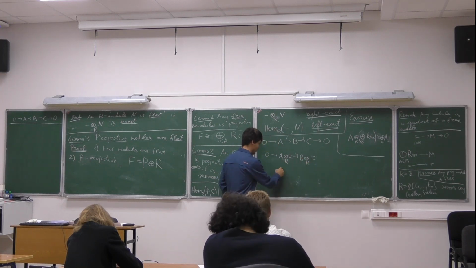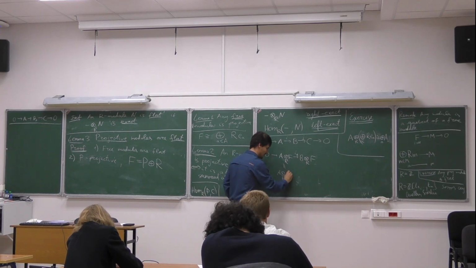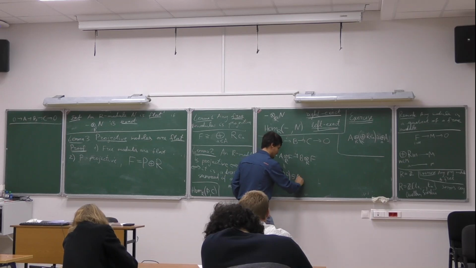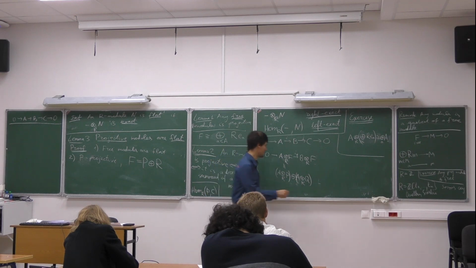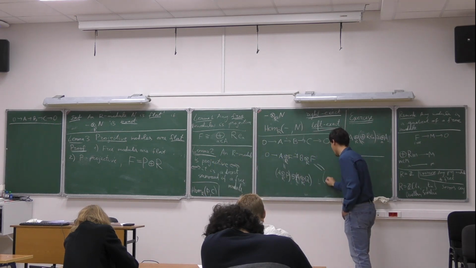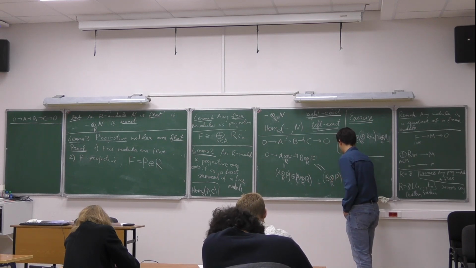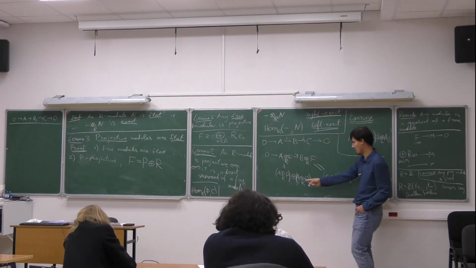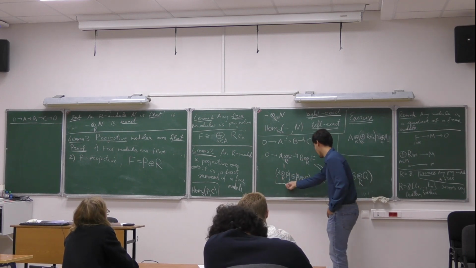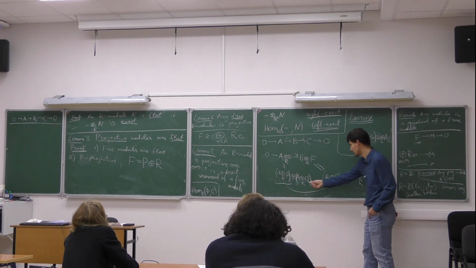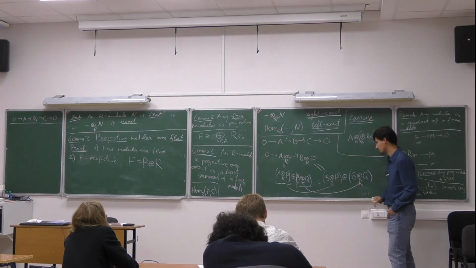But this one is equal to the direct sum, and here we have the same decomposition for B. And of course, the first summand maps to the first summand, and the second summand maps to the second summand.